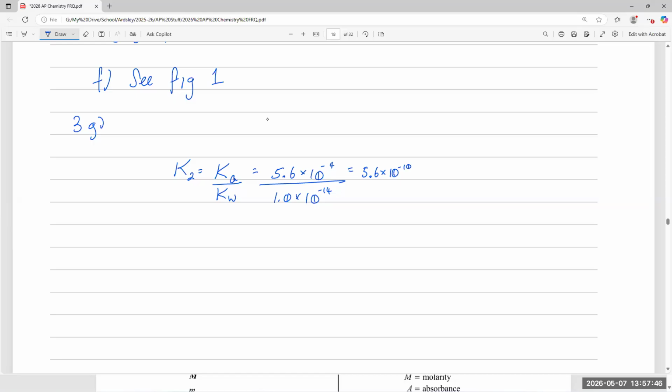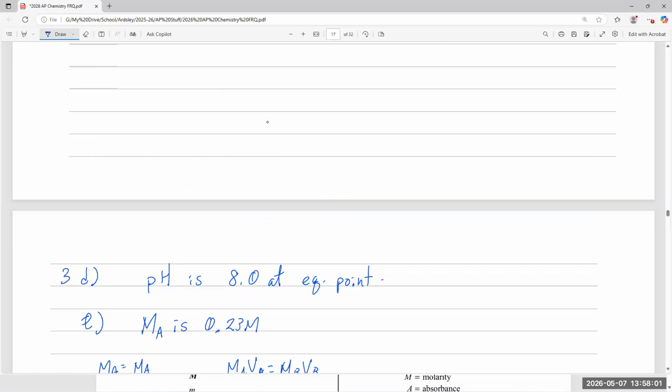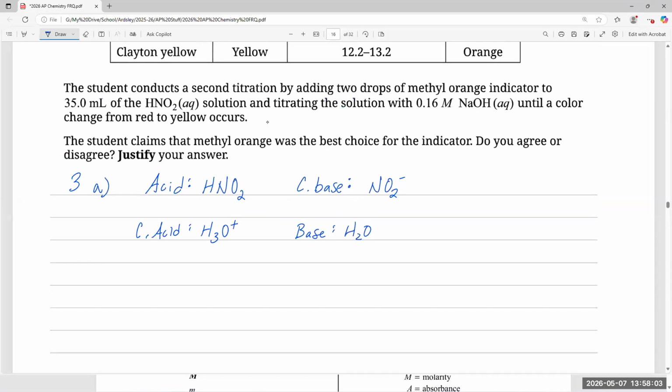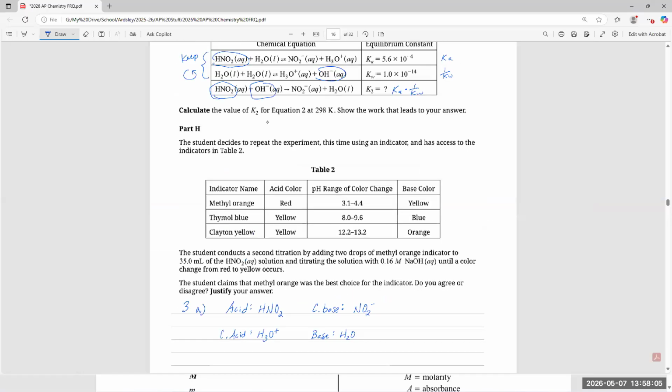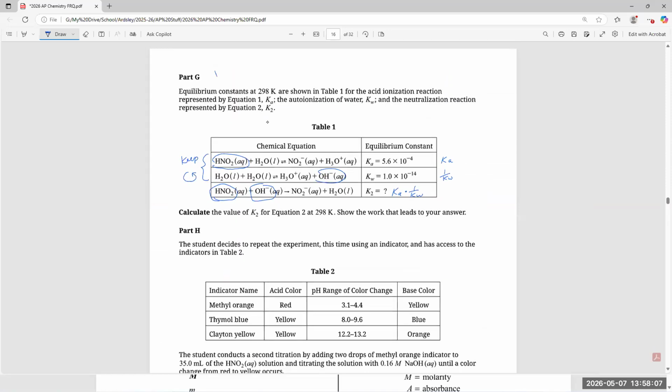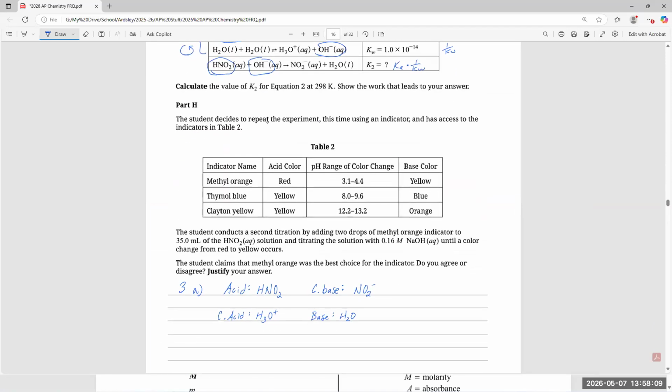So you would say our K2 is equal to 5.6 times 10 to the minus 10. And there's your work. So G's done. Oh, we see the end, right? We see the end. Thank God.